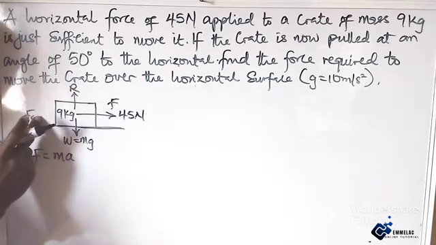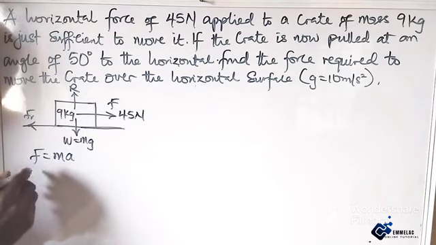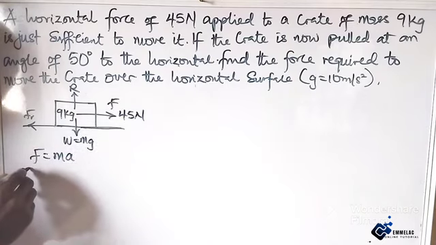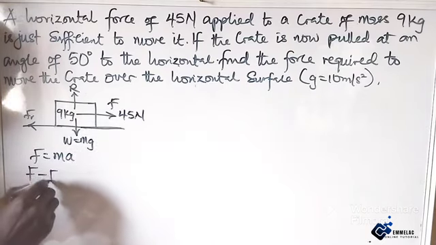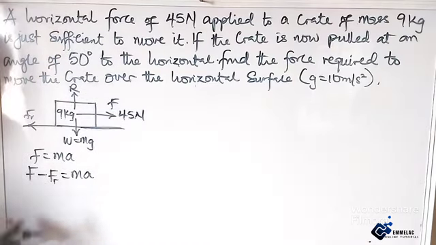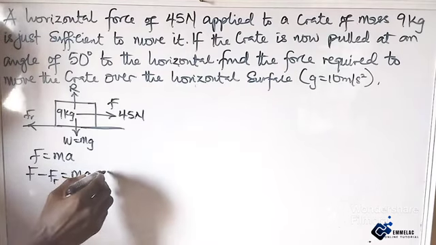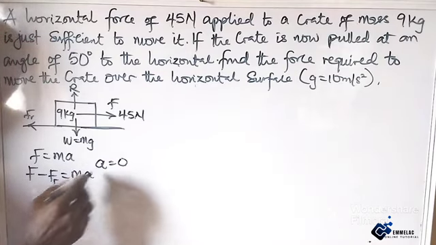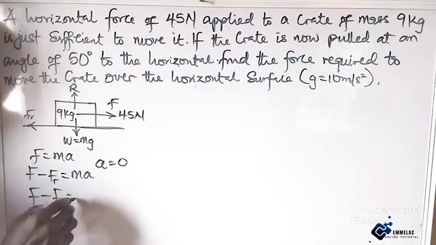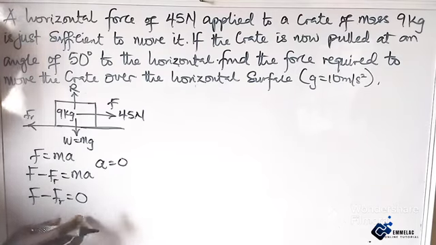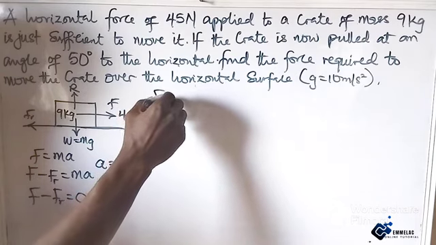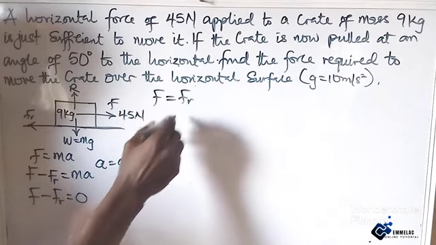And since this force is acting opposite this, and they're both in the same horizontal axis, we have F minus the frictional force. Since acceleration will be 0, we now have that the applied force minus the frictional force will give us 0.